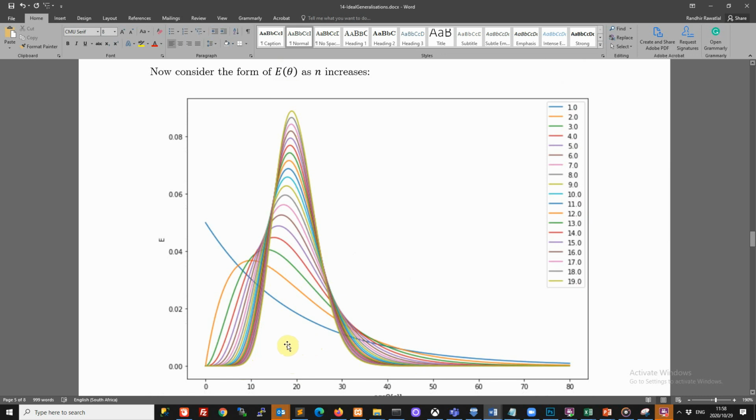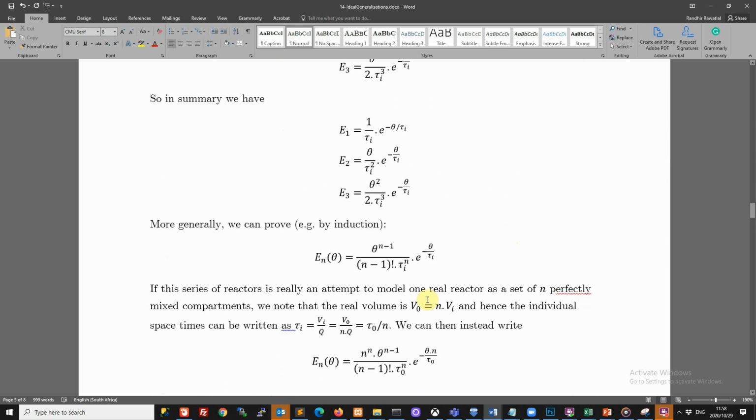And this is quite significant, right? It means that we now have an adjustable parameter, right? We have an equation here, and we have an adjustable parameter n, which allows us to transition between the CSTR and the PFR.